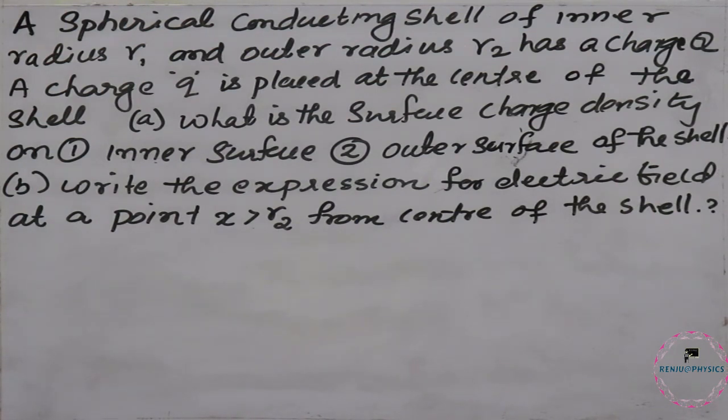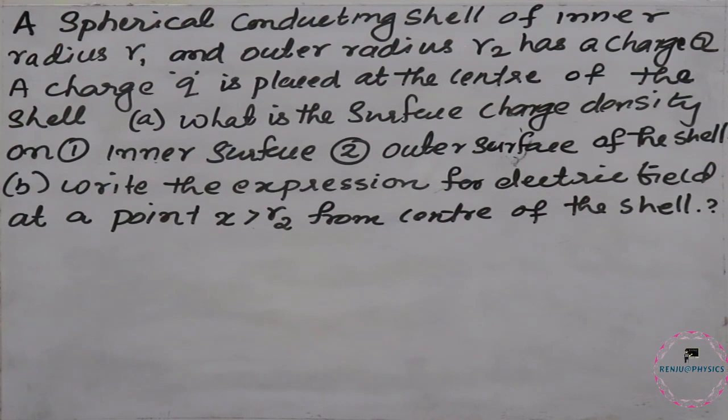Once again, a spherical conducting shell of inner radius R1 and outer radius R2 has a charge capital Q. A small charge q is placed at the center of the shell. First question, what is the surface charge density of the inner surface and outer surface of the shell?